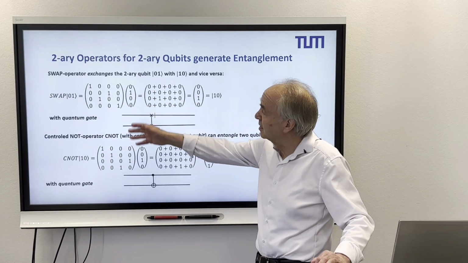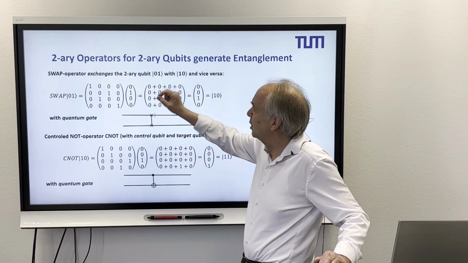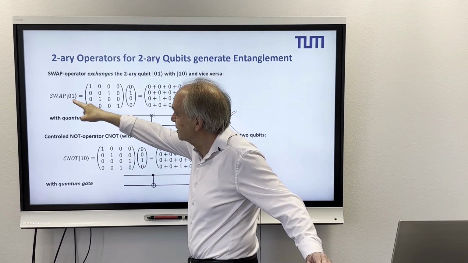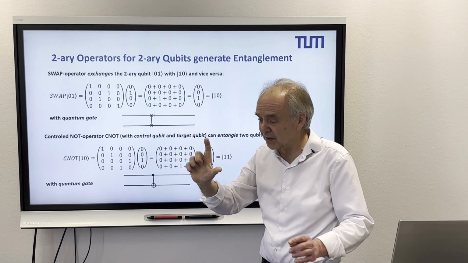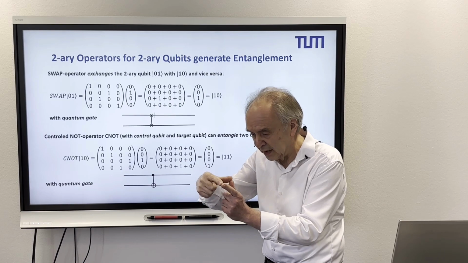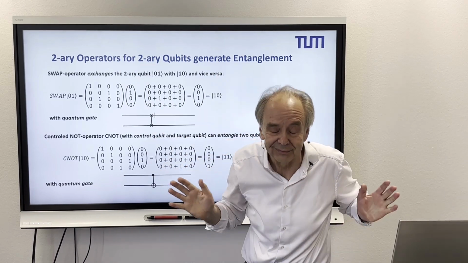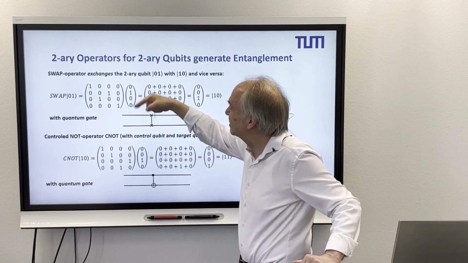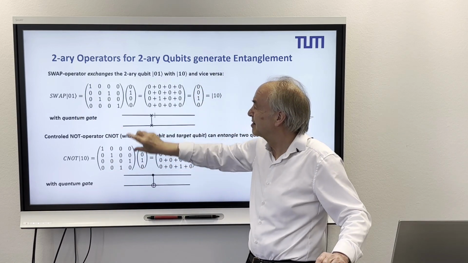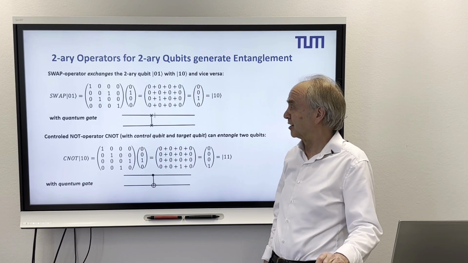And now let us consider a simple application of a two-qubit operator. Here, 2 qubits means that the two values, 0 and 1, for two qubits, mathematically 2 times 2, is 4. That means the representation of the two quantum bits is in a four-dimensional vector space.